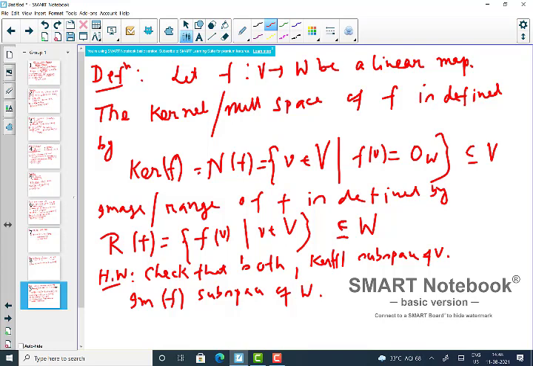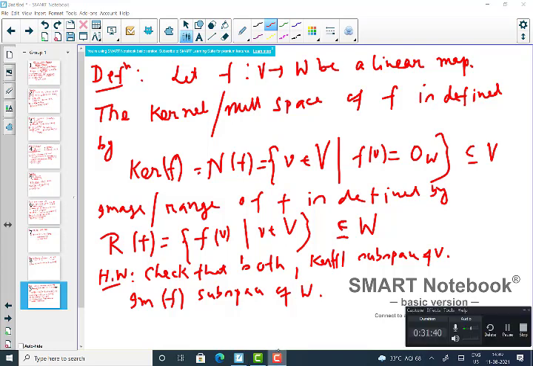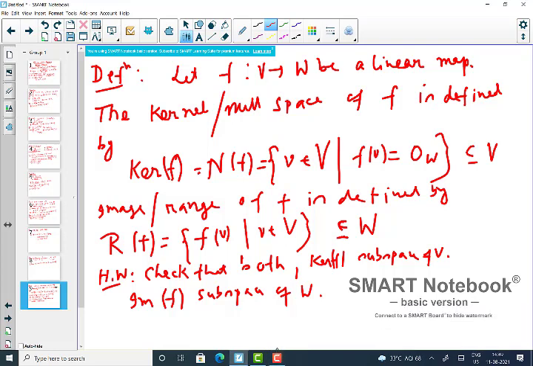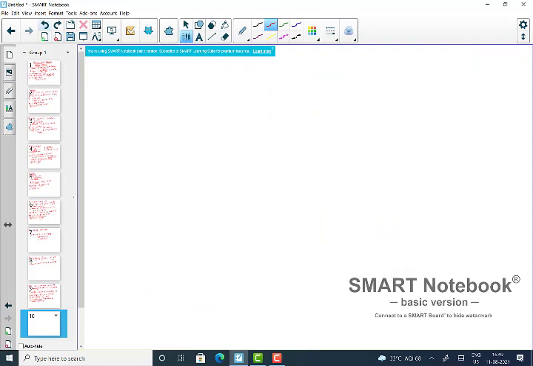Okay, with the help of these definitions, we have some important theorems, and that theorem is our final discussion today. This theorem is called the Rank-Nullity Theorem. By this we will finish today's discussion.